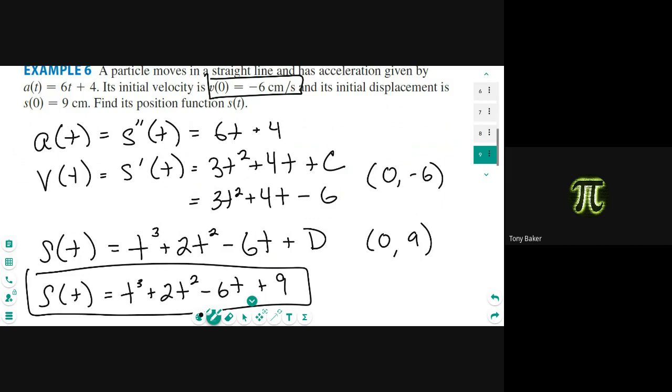And that's my initial displacement, or my position function. Does that make sense? All right.